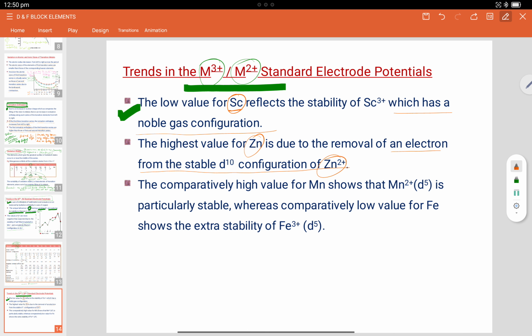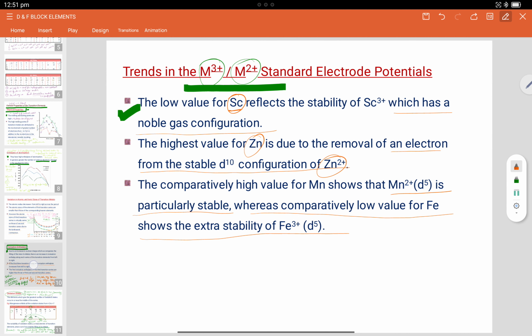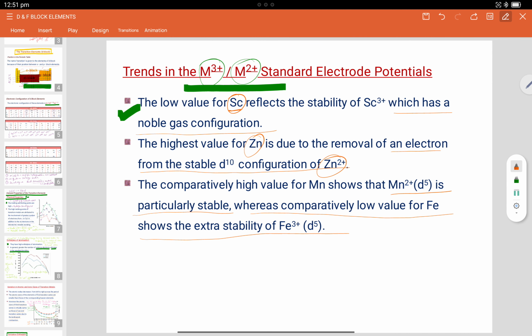The comparatively high value for manganese is because Mn+2 is particularly stable, whereas the comparatively low value for Fe is due to the extra stability of the d5 configuration. So you can check this thing here.